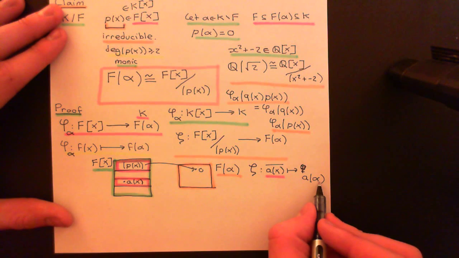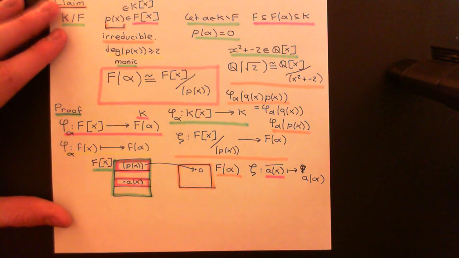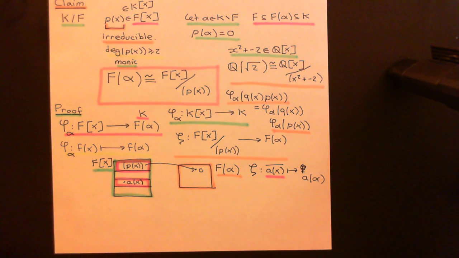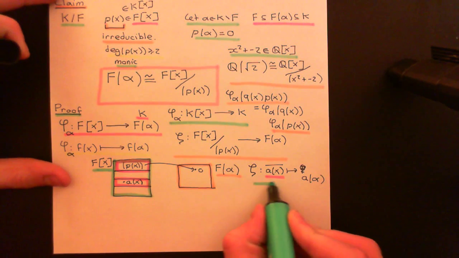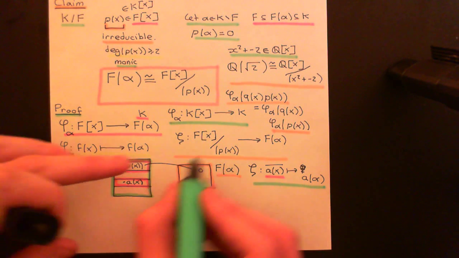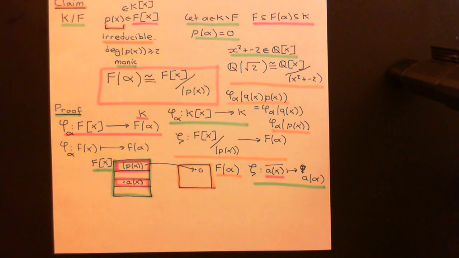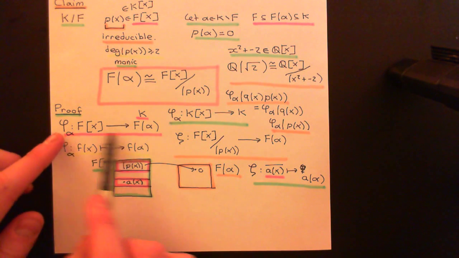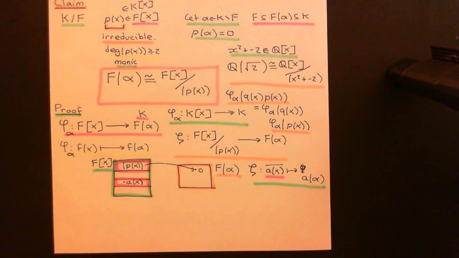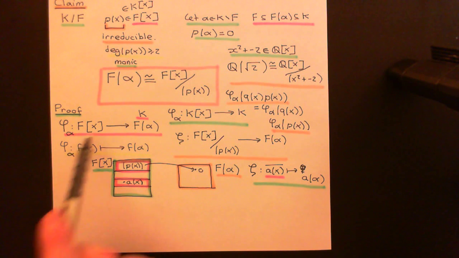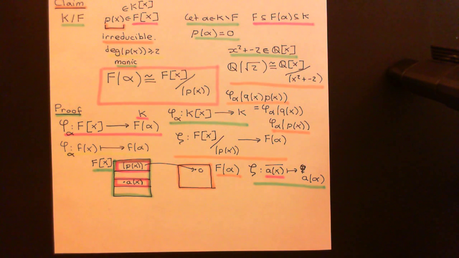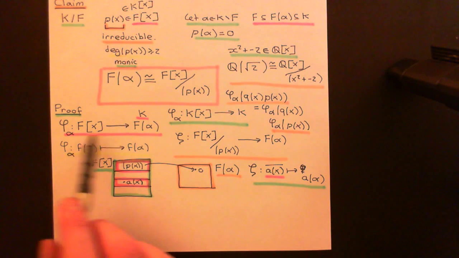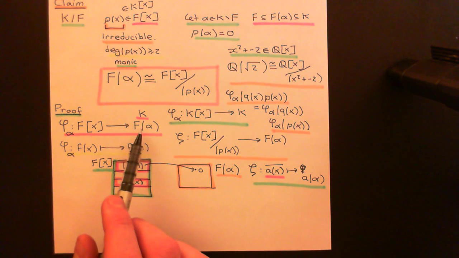So a evaluated at alpha, and of course, there we go, the job's finished. That's how I'm going to define this mapping from the cosets, which are the elements of this quotient ring, onto the field generated by alpha. It's defined in terms of this evaluation homomorphism up here, which originally worked on the ring of polynomials over the field capital F. Now, note, at the moment, we don't know much about this. We don't know that this is surjective, for instance.